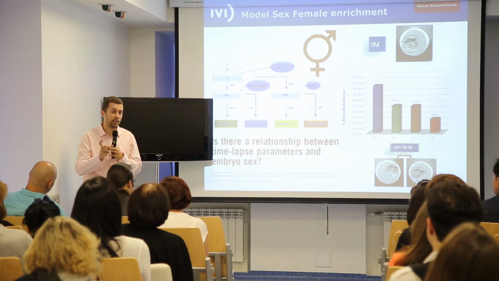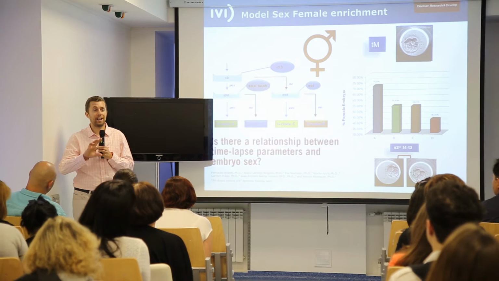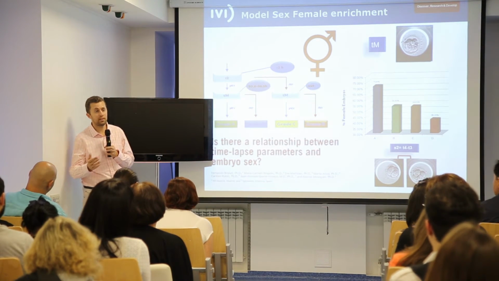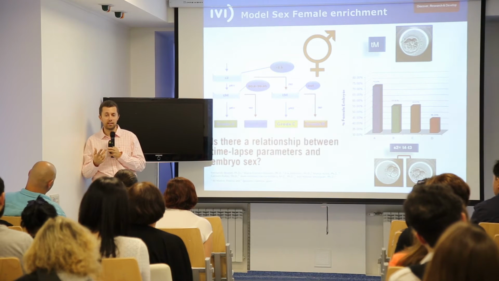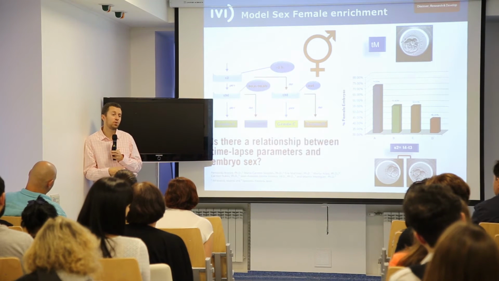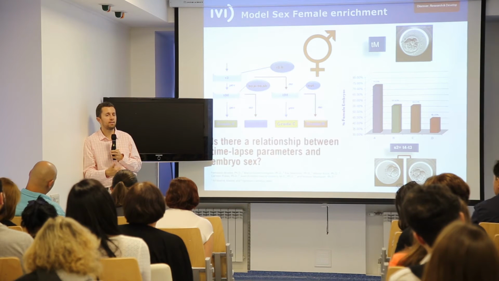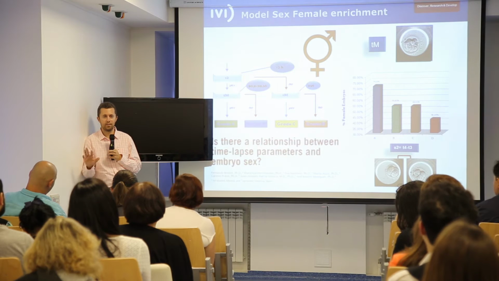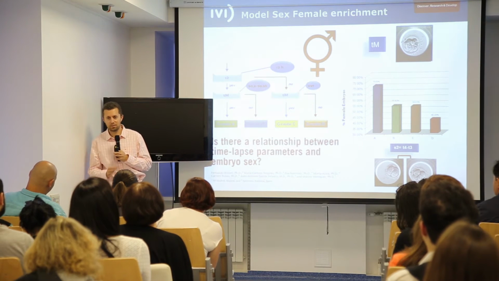It looks like by time lapse we can alter the sex ratio and have more women than men. Okay, by doing morphokinetics. So it looks like potentially you can increase the chance to have a baby that is a female rather than a male by using morphokinetics. That's all. But we cannot use it for sex selection for sure. Okay.